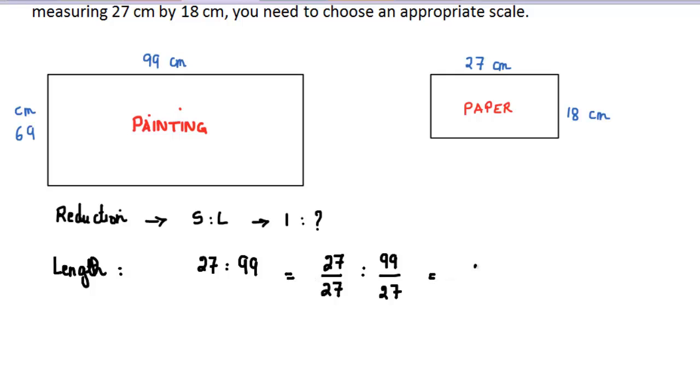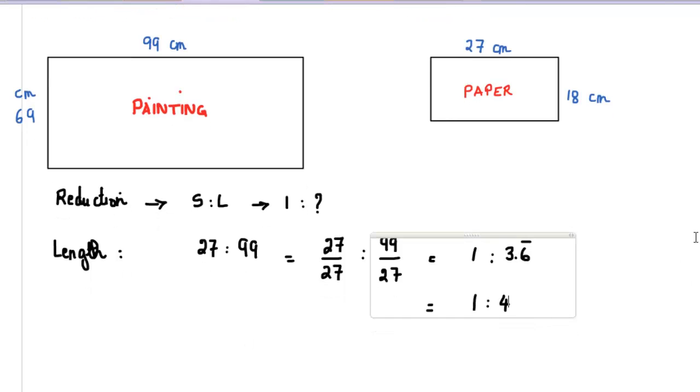It's going to give me 1 to something. 99 divided by 27, it will give me something like 3.666. That means I can round it up to 1 to 4. Excellent.